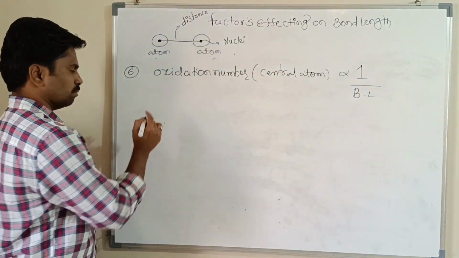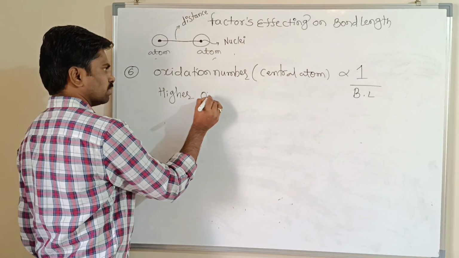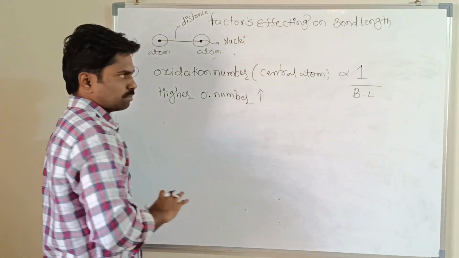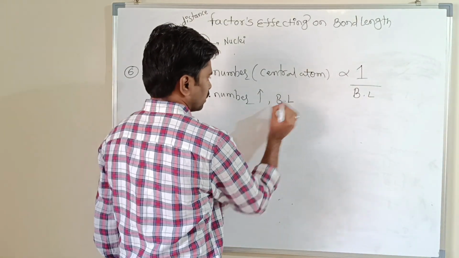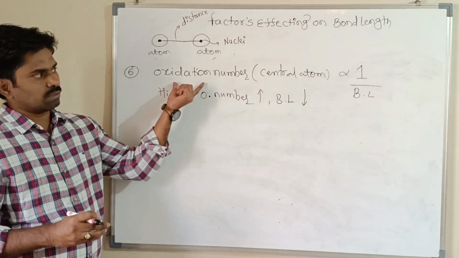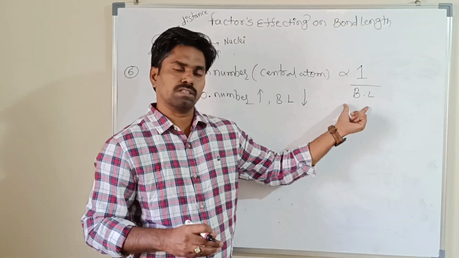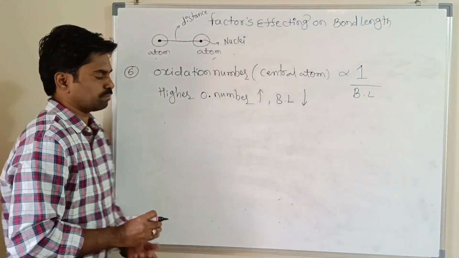The higher the oxidation number, there may be an excess of oxidation number, but it has a shorter bond length. When the oxidation number is more, the bond length is shorter, because these two are inversely proportional.